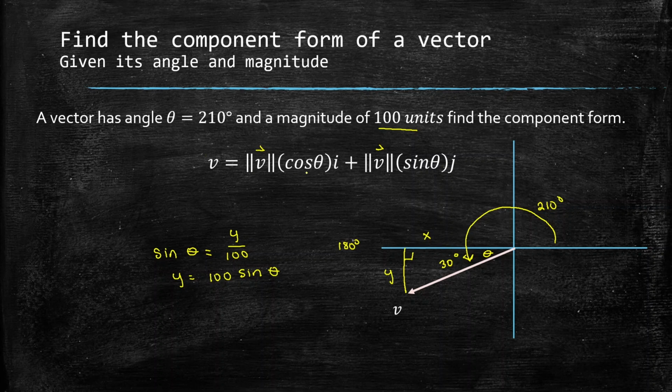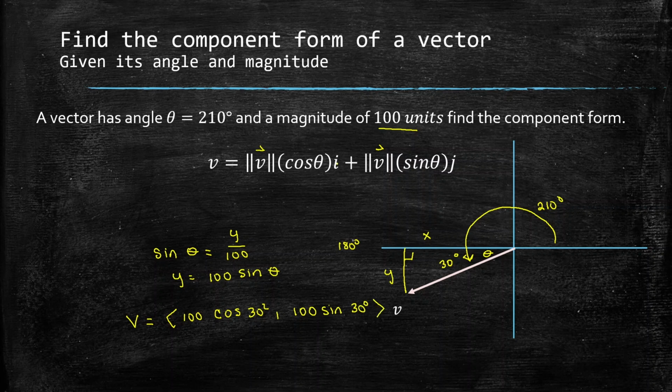So let's find those values. My vector then is 100 cosine 30 and 100 sine 30.